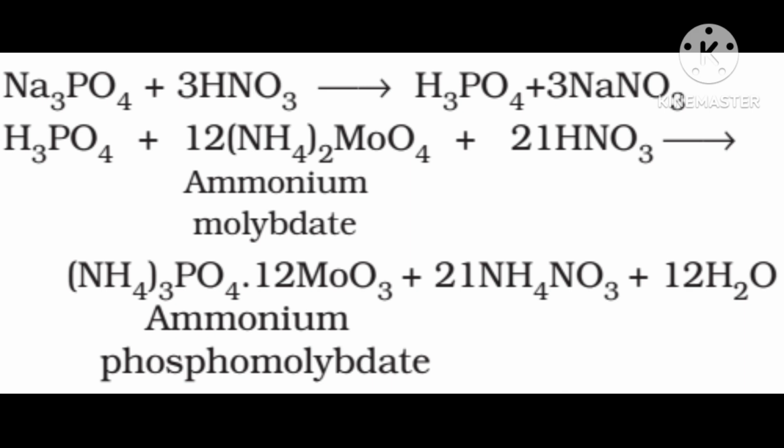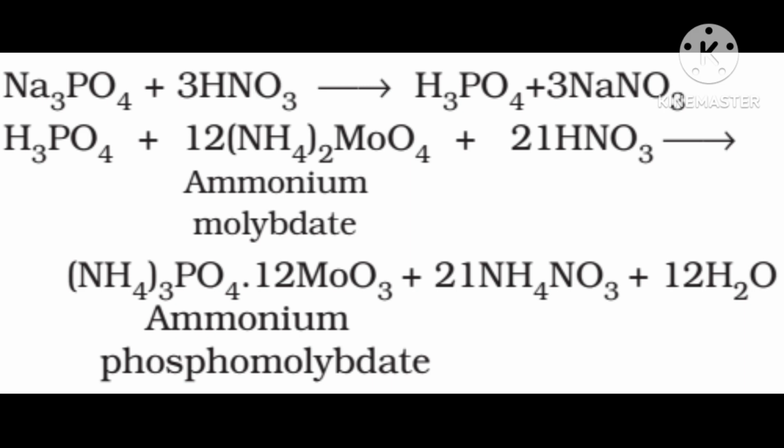Now I am telling you the balanced reaction. This reaction is very, very important for examination, and in a lab this test is very popular. The balanced equation is H3PO4 plus 12 molecules of ammonium molybdate, 12 (NH4)2MoO4.